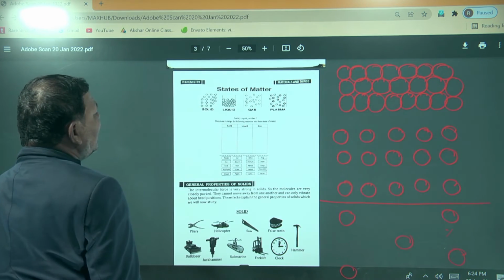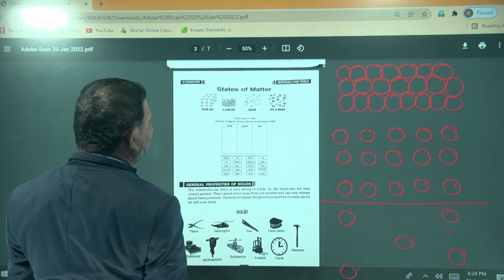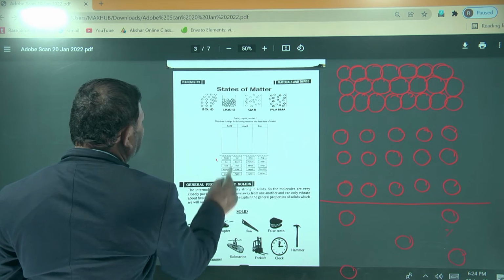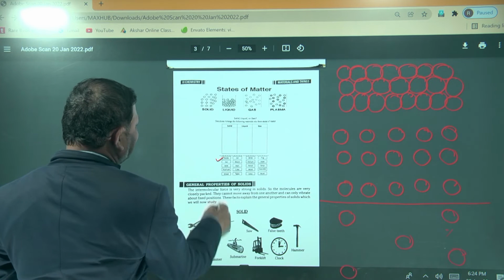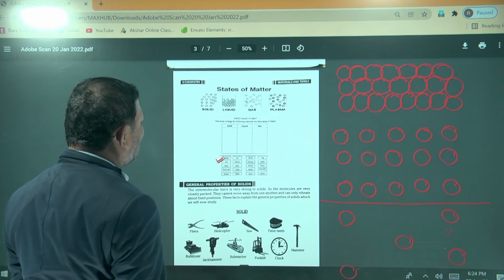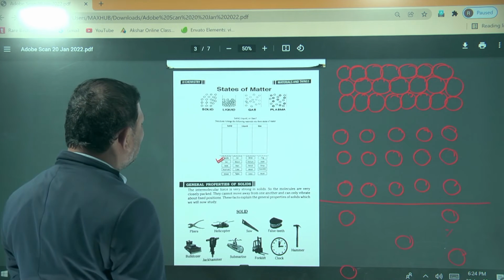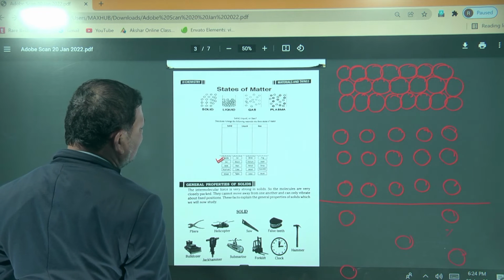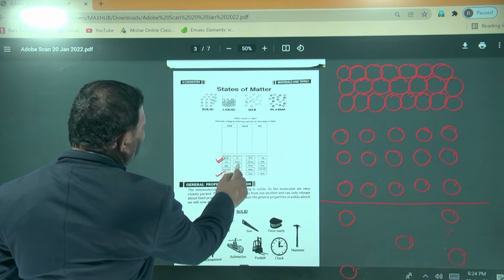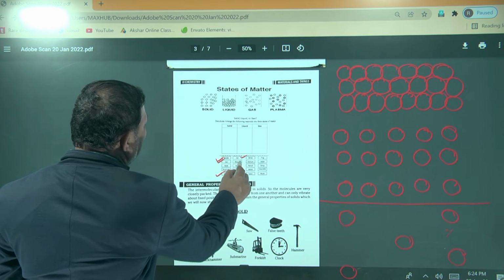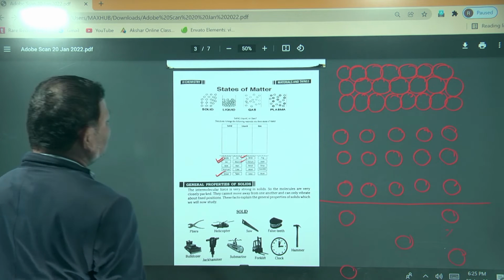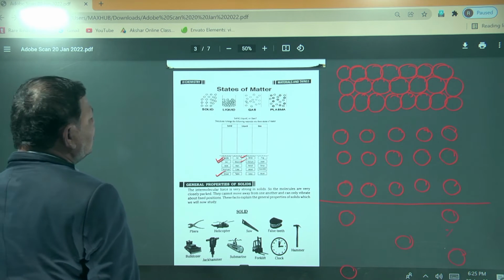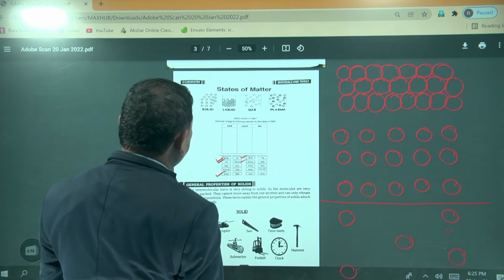Direction: arrange the following materials into the three states. Rocks, solids. Ice, also solid. Milk is liquid. Cool air, gas. Wood, solid. Air, gas. Steam, gas. Rain, liquid. Cake, solid. Table, solid. Brick, solid.